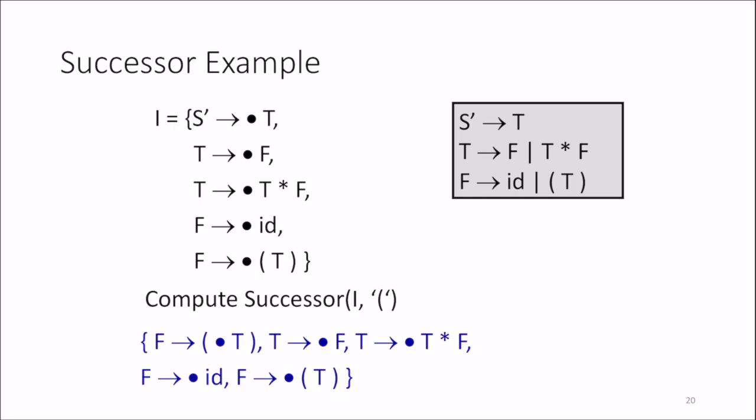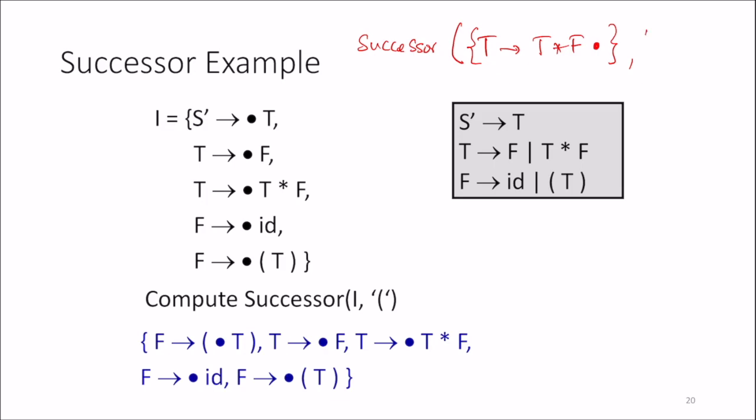One interesting corner case for the successor function is if the dot is actually at the end of the right-hand side. So let's take an example. Let's say I have T goes to T times F, and at some point by repeated application of the successor function, the dot might end up on the extreme right of the right-hand side of this rule. Now if I ask for successor on this set, which just contains this dotted item, it doesn't matter what next symbol I ask for.